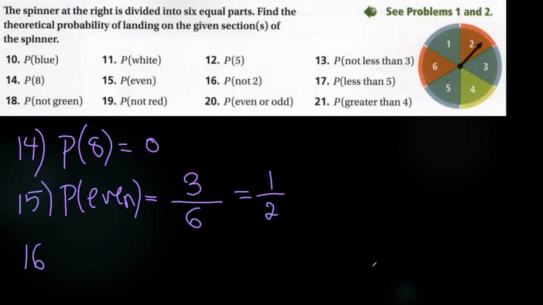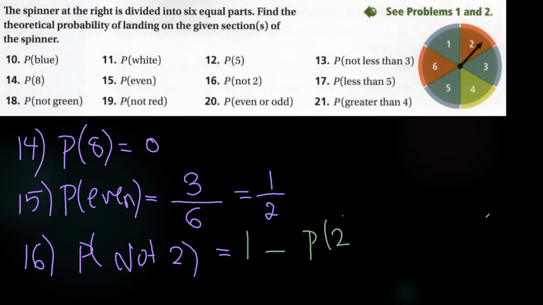Now, number 16. The probability of not 2. Not 2 means it is 1 minus the probability of getting 2. So not 2 means the probability of not getting 2. And 1 minus, what is the probability of 2? 1/6.